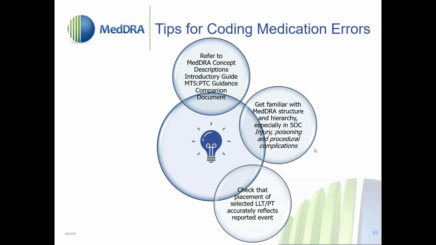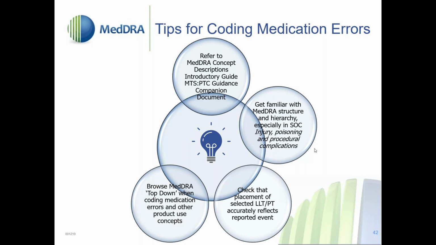Once you have found a potentially appropriate LLT and PT for the reported incident, check if the placement of the selected LLT and PT accurately reflects the reported event. This is also a general coding rule for MedDRA. Always check the hierarchy to reassure yourself that you are on the correct track, that the selected concept really represents what has been reported.